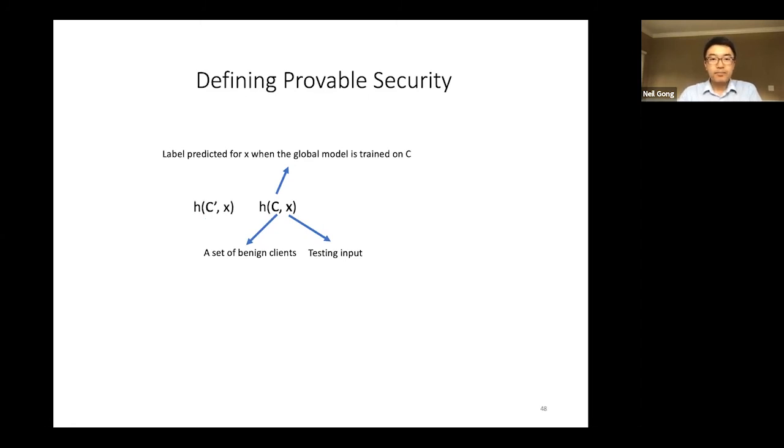H(C prime, X) is the label predicted for X when the global model is trained on C prime using federated learning algorithm H. We say the federated learning algorithm H is provably secure if H(C prime, X) equals H(C, X) for any C prime such that the number of malicious clients is at most M star.